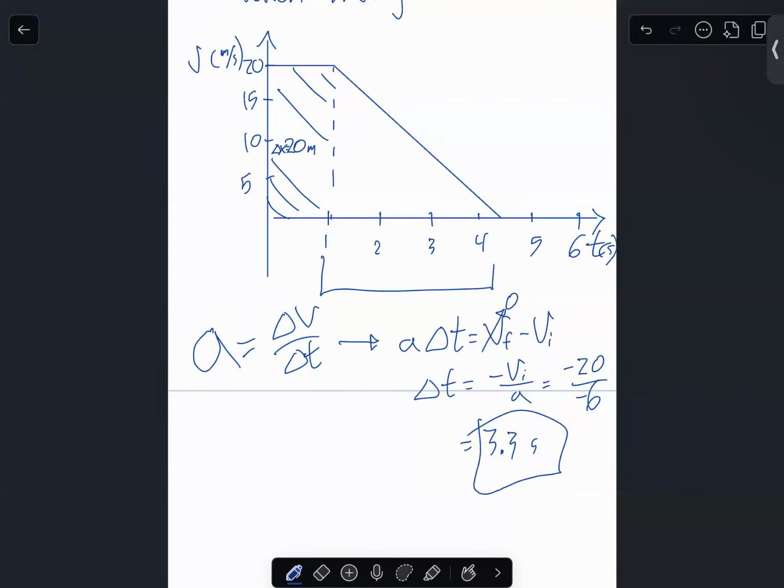From 1 until 4.3, that's when I'm accelerating.